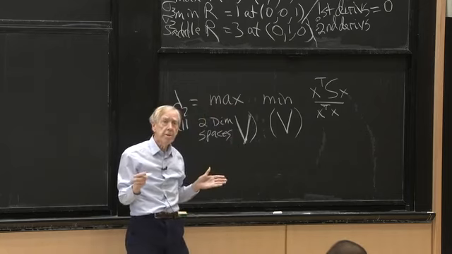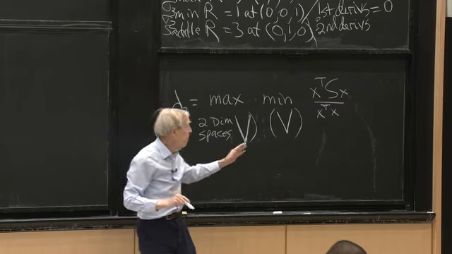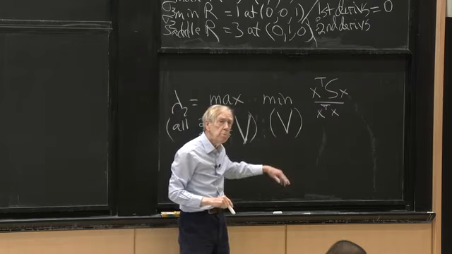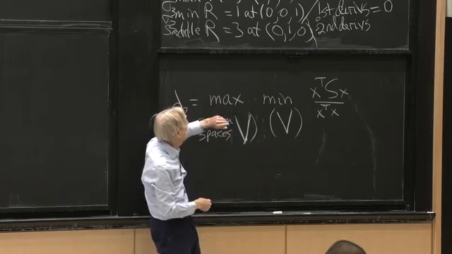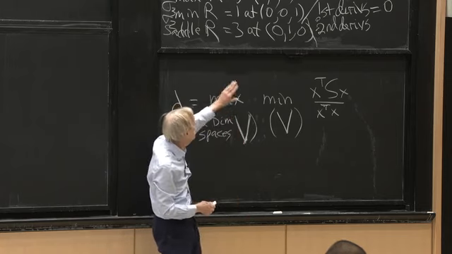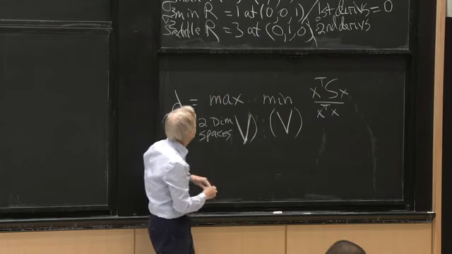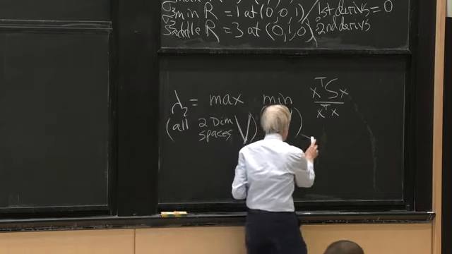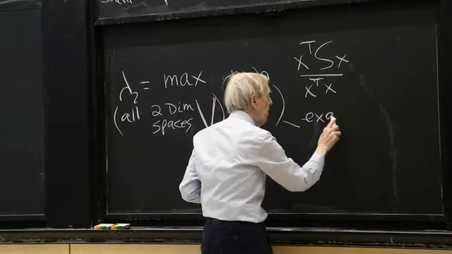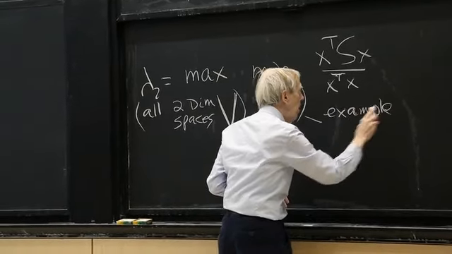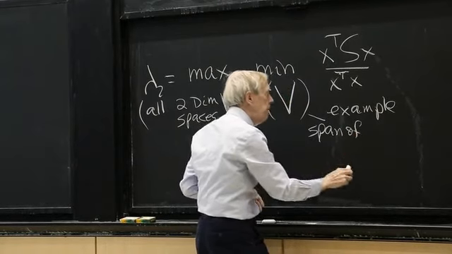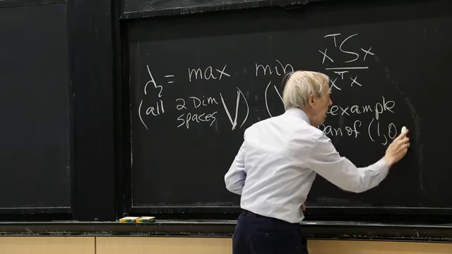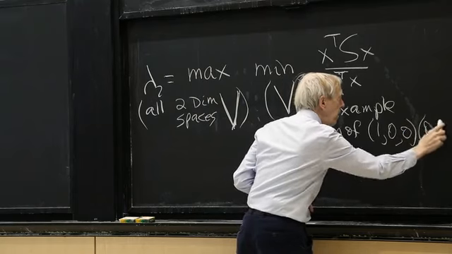Well, suppose I take the subspace V which is spanned by the first two. It's supposed to be a 2D subspace. Example: the span of (1, 0, 0) and (0, 1, 0).